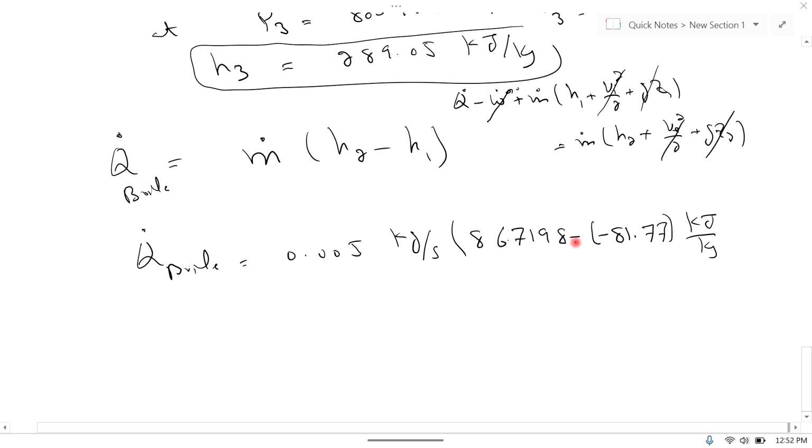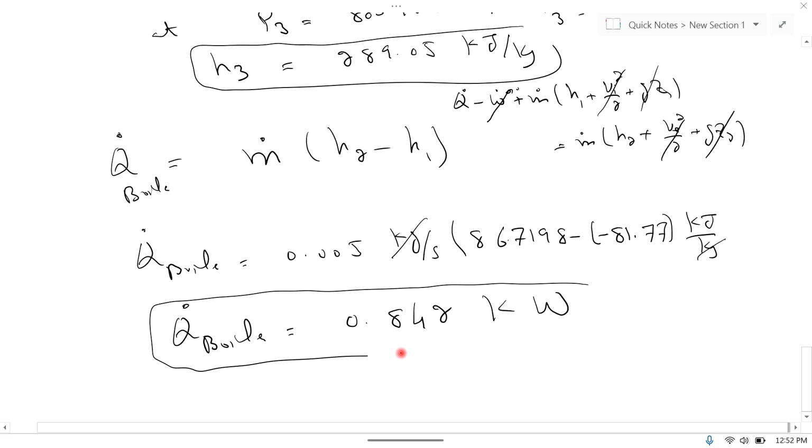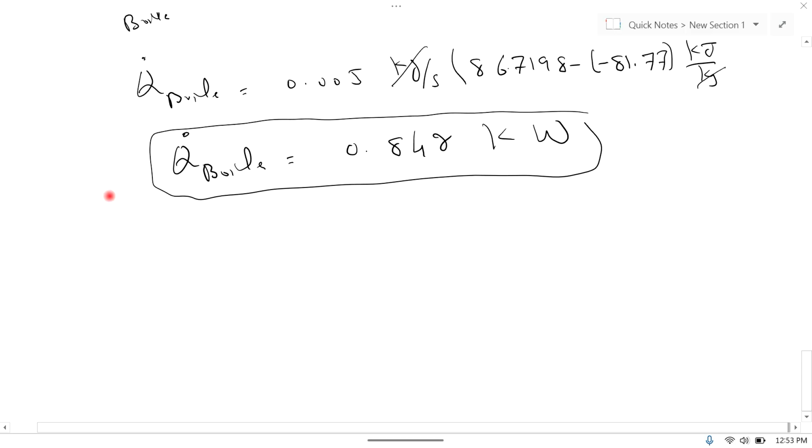There are two minus, so it will be plus. So add these two values and multiply by 0.005. So Q of boiler is equal to 0.842, and this kilogram will be cancelled with kilogram. Kilo and joule per second is equal to watt. So this is rate of heat in boiler is 0.842 kilowatt.